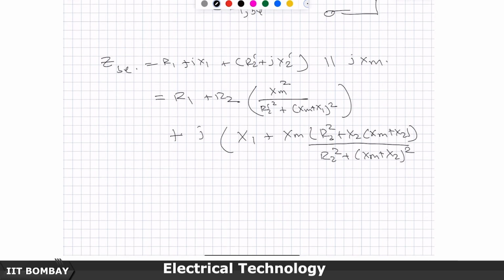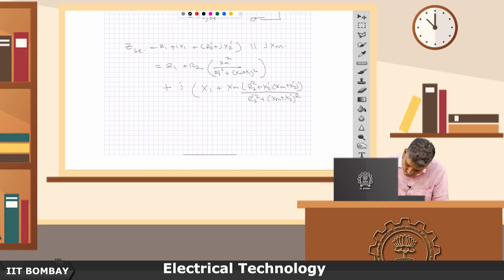So, if you simplify, this is R2 dash, X2 dash, yes. So, this is what is going to present itself.